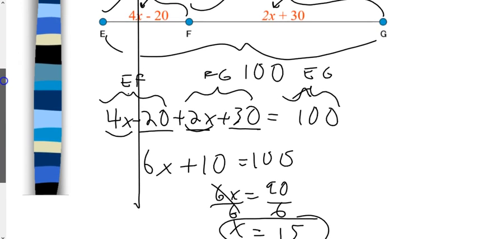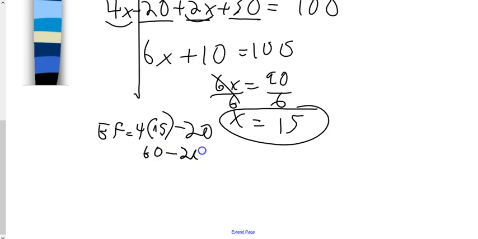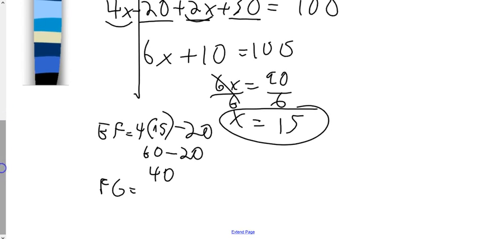So EF is going to be equal to 4 times 15 minus 20. So that's 60 minus 20, and that gives me 40. Now FG is going to be 2 times 15 plus 30.